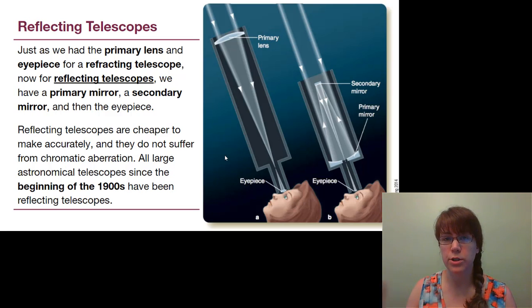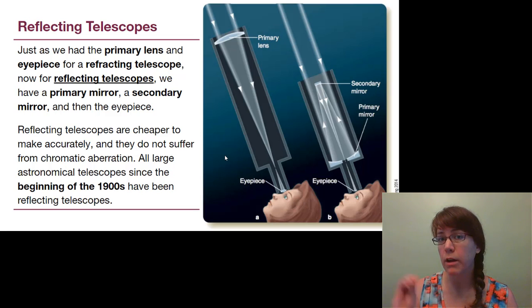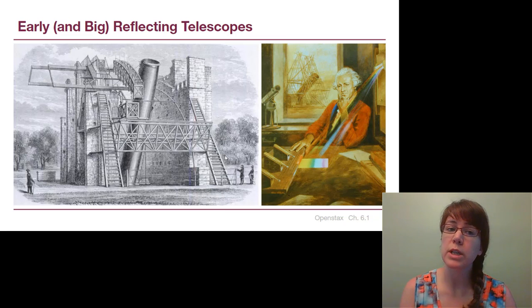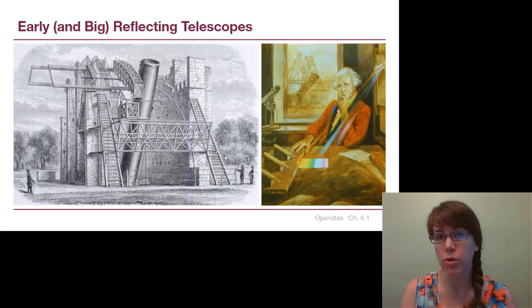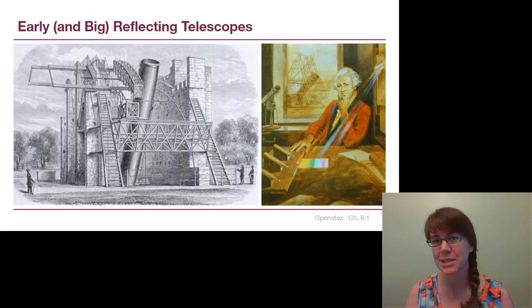So all large astronomical telescopes since the beginning of the 1900s have all been reflecting telescopes. And it allowed telescopes to get very big very quickly. So for example, these are some of the earliest well-known big reflecting telescopes. On the left, we have what's called the Leviathan of Parsonstown.